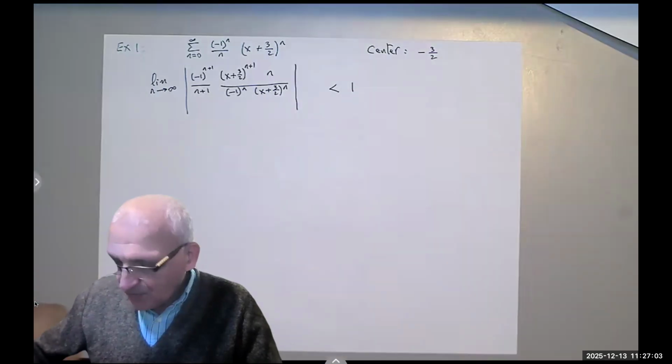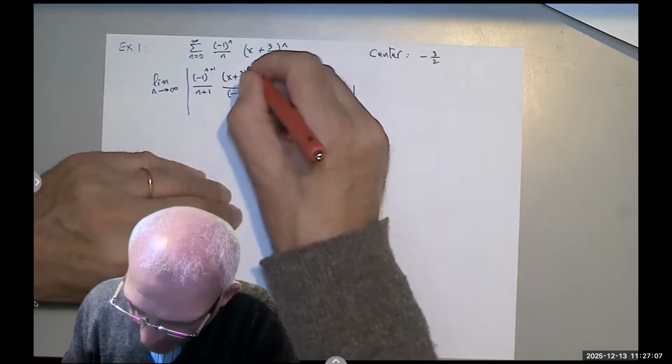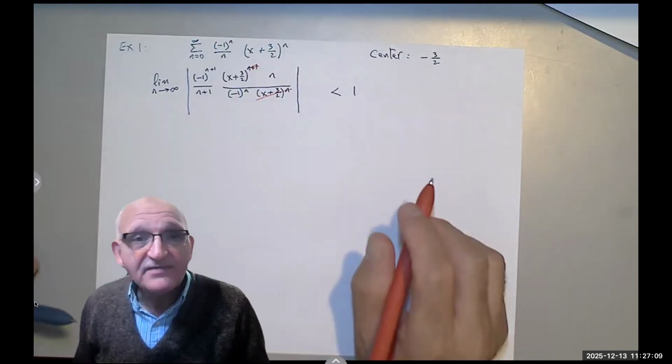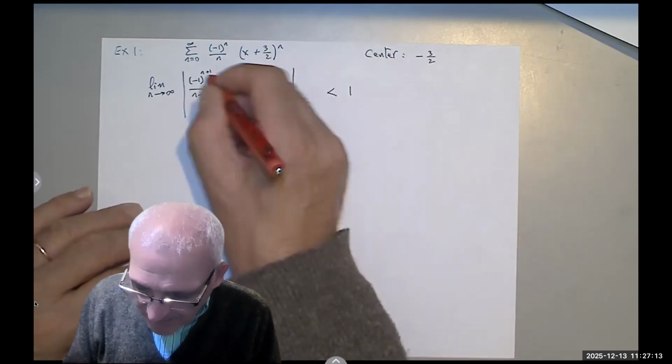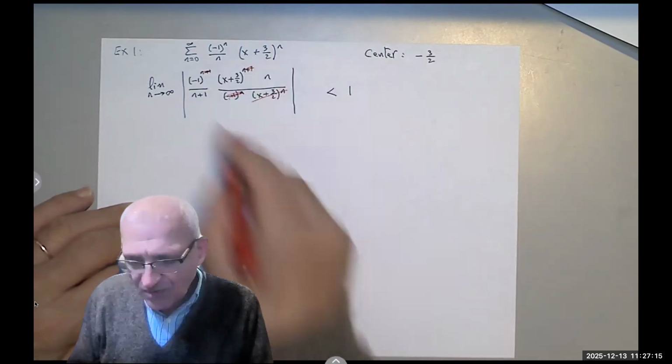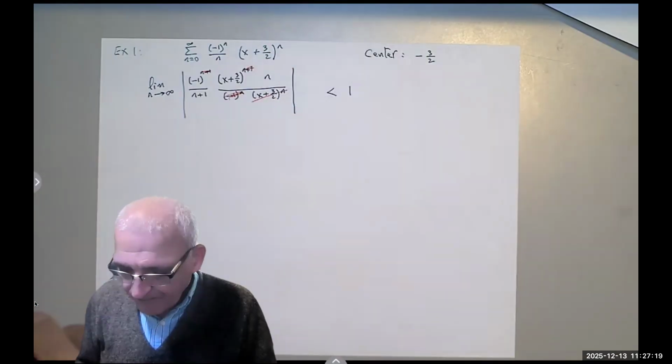So again, as we always do, we are going to see that this cancels with the n. So you get x plus 3/2 on the top. If you divide this by that, you end up just with -1. Notice we are taking the absolute value, so you won't get anything else.